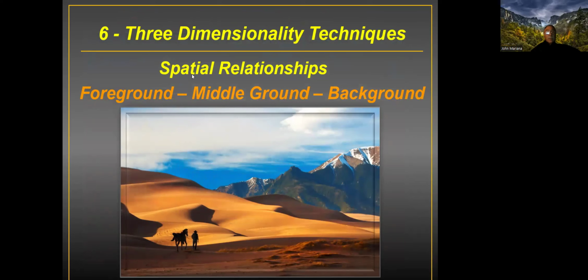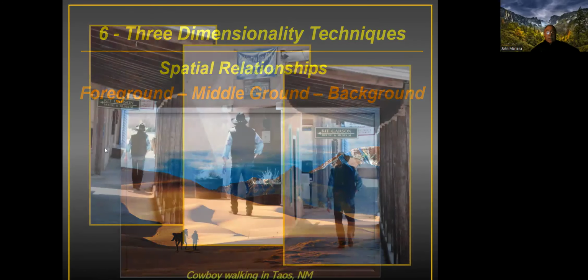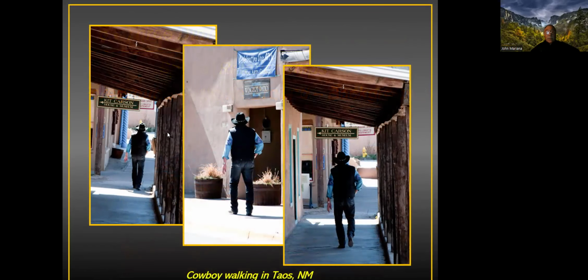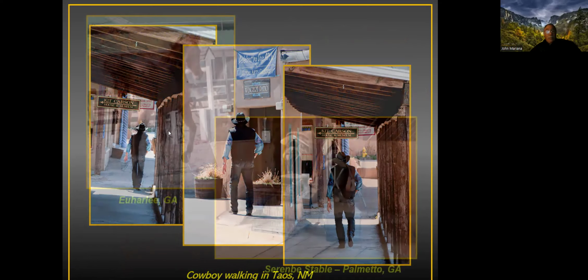Spatial relationships are so important. Foreground, middle ground, background. I photographed this fellow walking along the street in Taos and thought I would use him at some point. I just wanted the different positions.